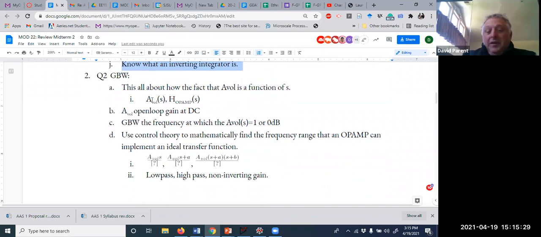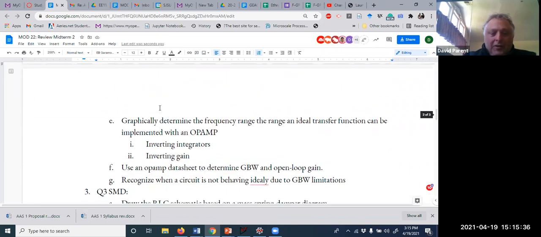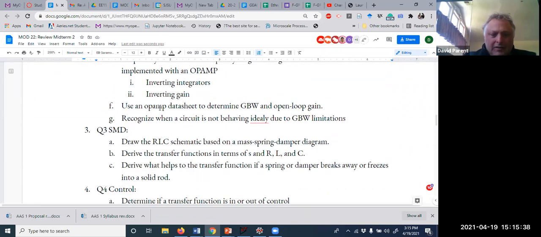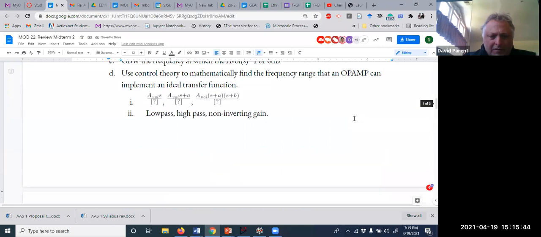Same with gain bandwidth. You'll see that a lot of them are do it graphically or do it mathematically. And then there's also another one, I thought I wrote it in here.